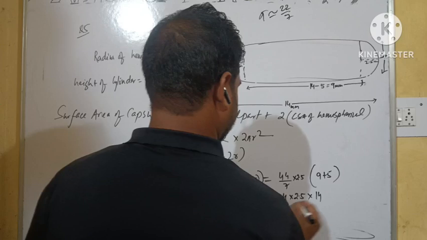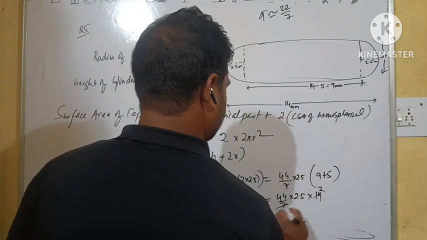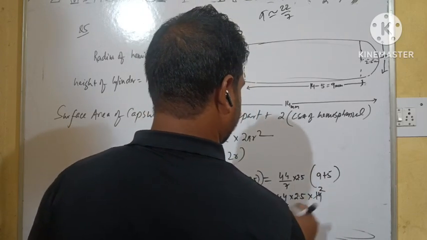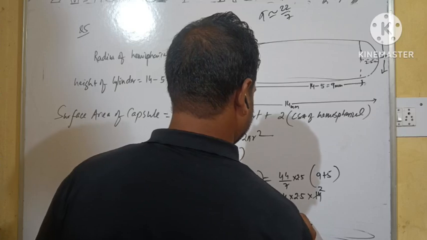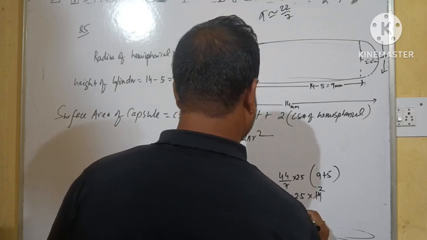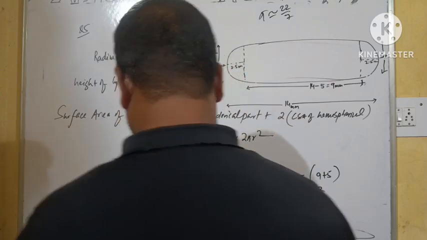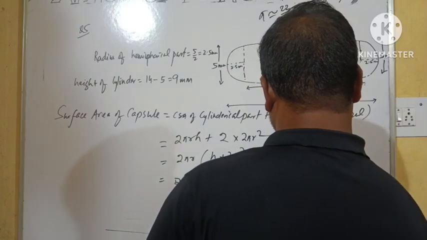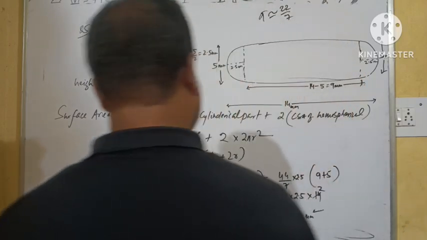You can cancel the 7 with 14 to get 2, and 2.5 into 2 is 5. 5 into 44 is 220 millimeter square. This is the required answer.